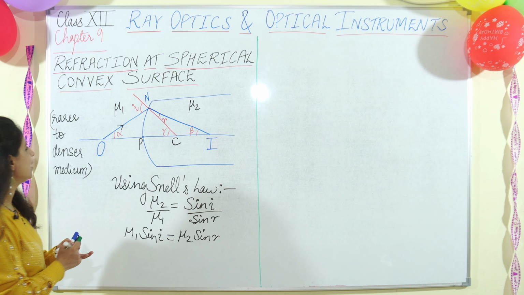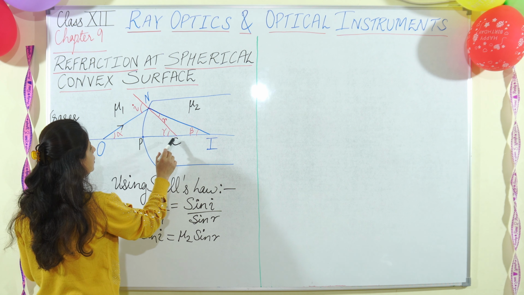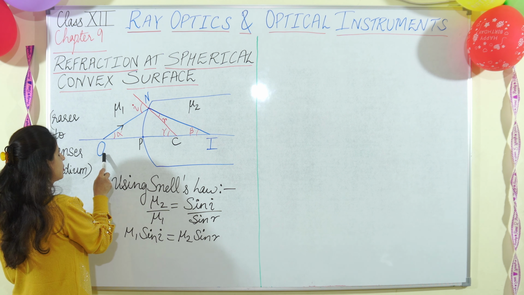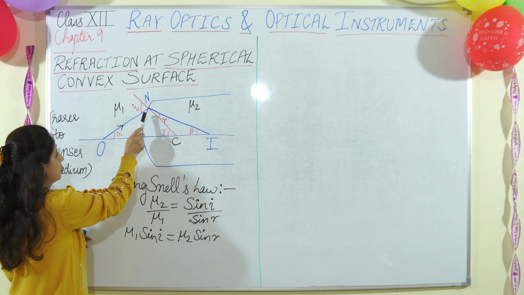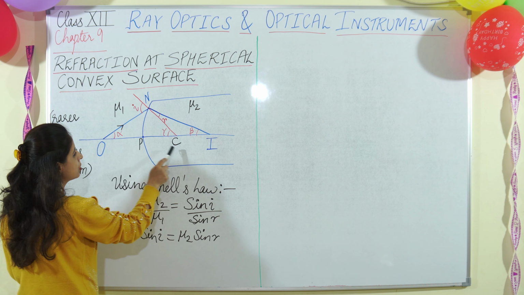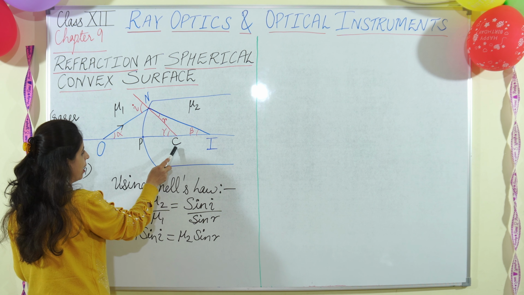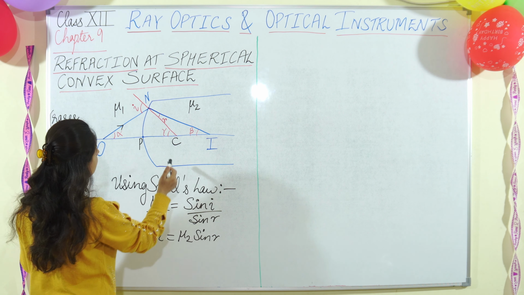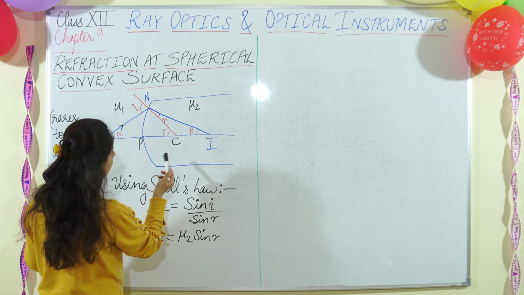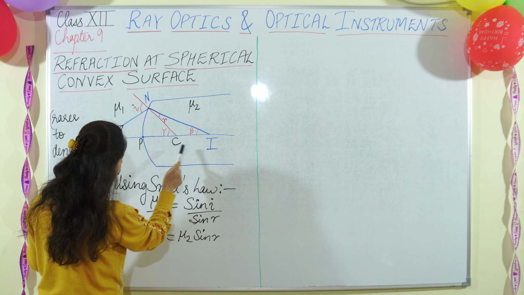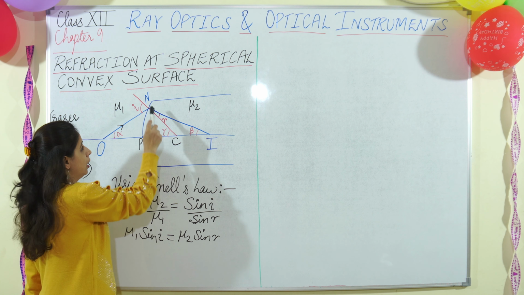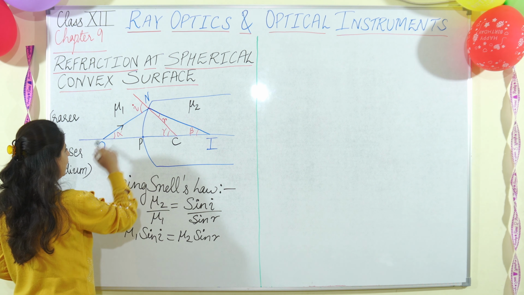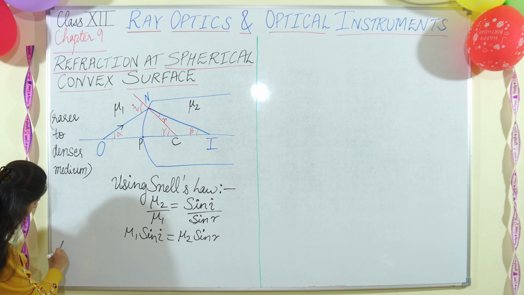Okay, so we see over here that a triangle is formed. This is the center of curvature, this is the object, and this is the normal. So if we take the triangle NOC, we find one triangle this, and the other triangle which we can find over here is NCI. This is the image, this is the center of curvature, and this is the normal. So first we will be taking the triangle NOC.